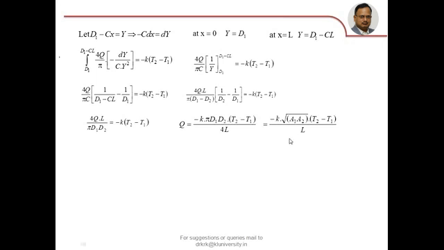particularly in case of a truncated cone, the rate of heat transfer when the lateral surfaces are insulated is given by the formula minus K, geometric mean area, into (T2 minus T1) by L. So it is not a fixed rule, because here we are assuming for a truncated cone the cross-sectional area is changing as a function of x in a linear way.